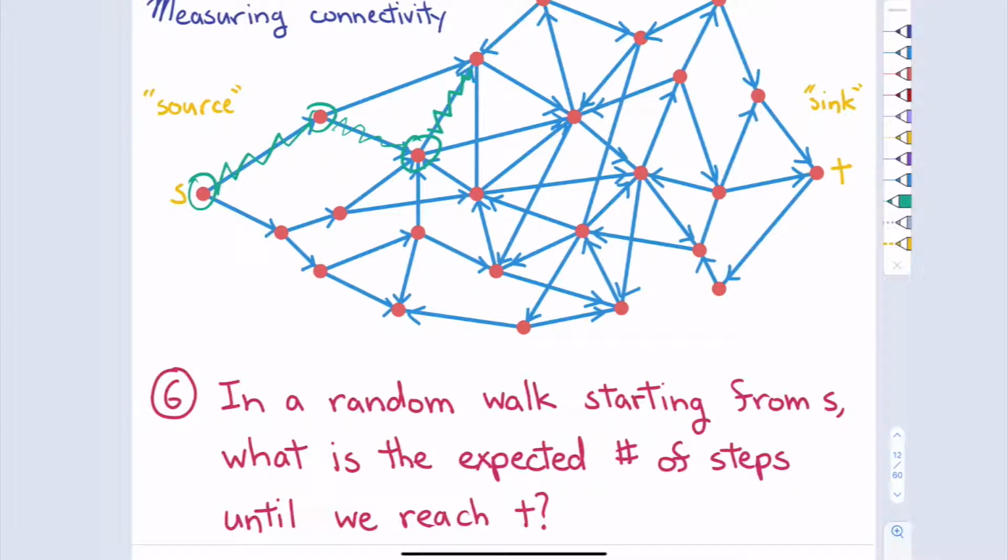So you can do a random walk. And maybe or maybe not you'll get to T after some number of steps. Then maybe when you get to T, you say, oh, I took 101 steps already. Maybe you never get to T. But it's reasonable to ask, if you simulate this random experiment a gazillion times, what's the average going to be? What's the average number of steps to get from S to T?